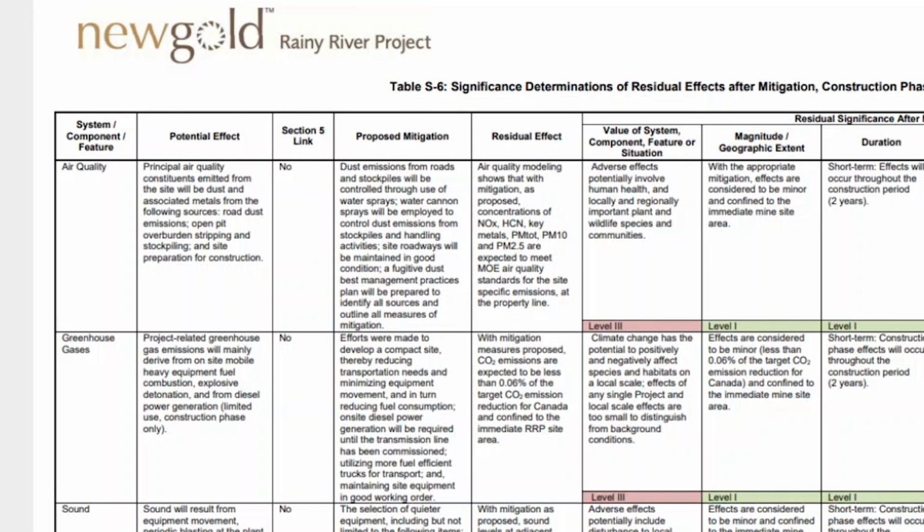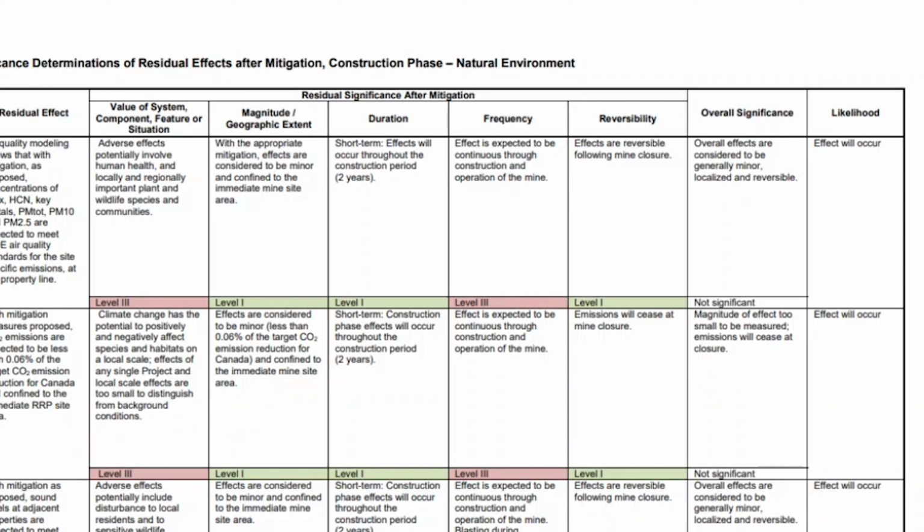And then you have a bunch of other sections that we touched on in the previous slides, which include magnitude of the impact, the duration of the impact, frequency of the impact, reversibility of the impact, and then overall significance. And then they also have the probability that it will occur, the likelihood.